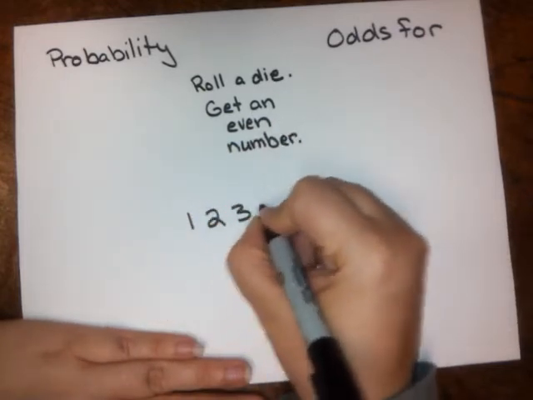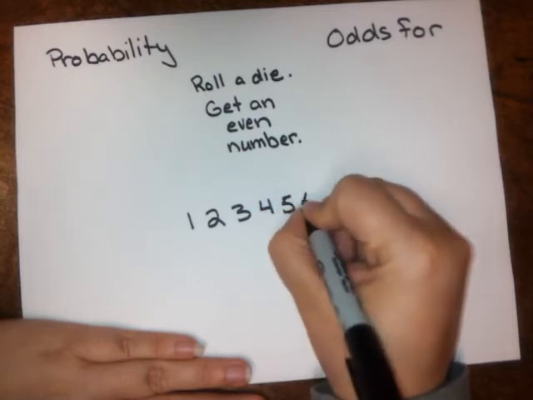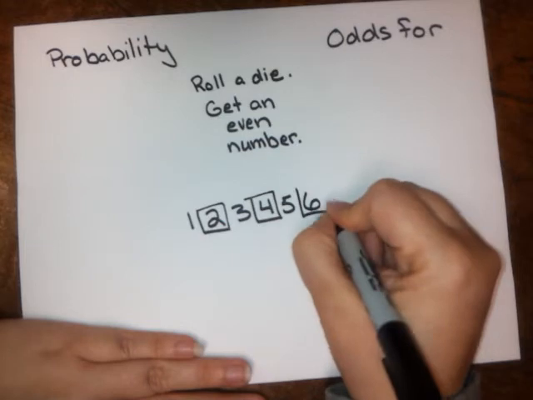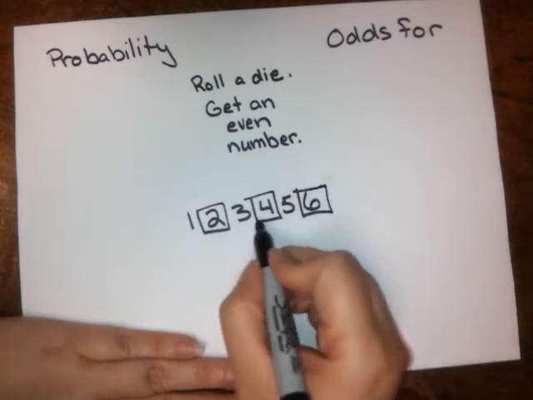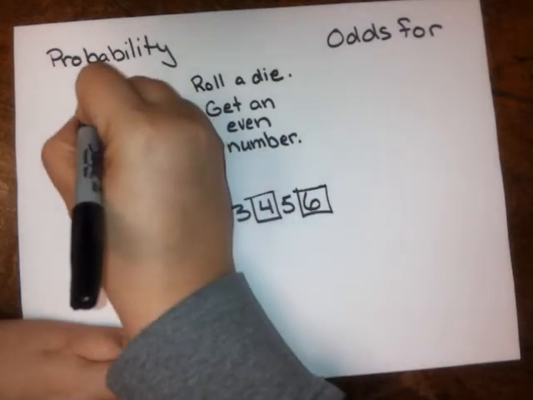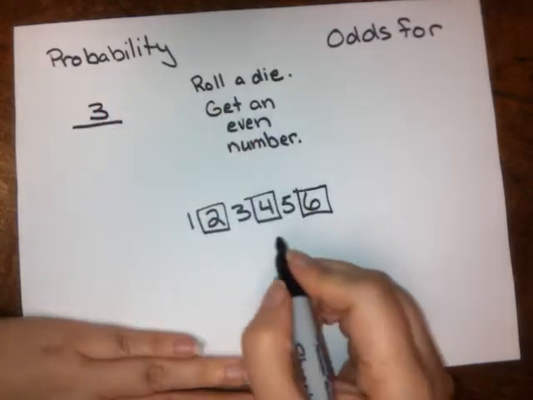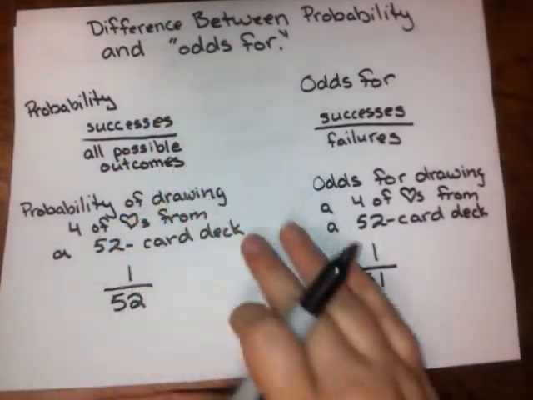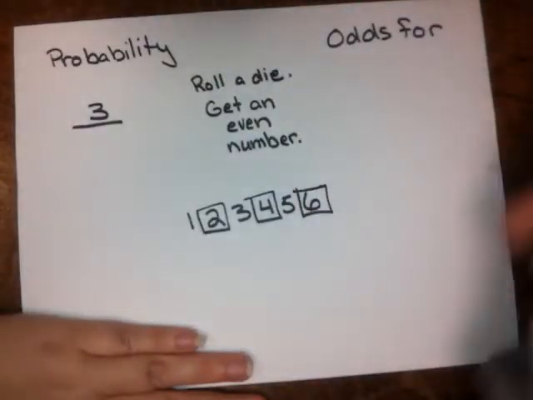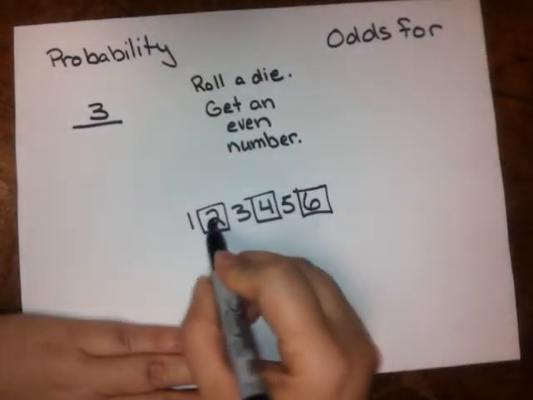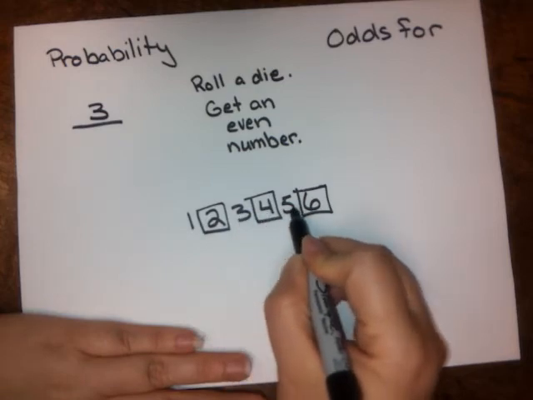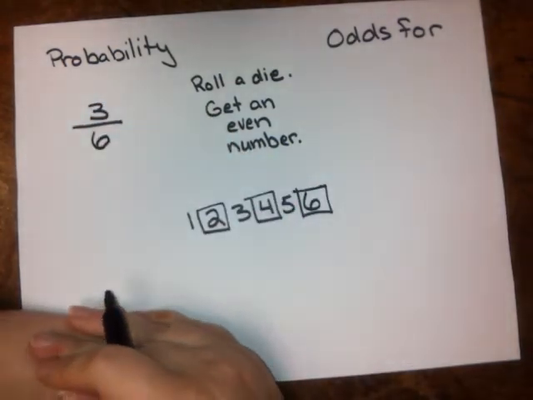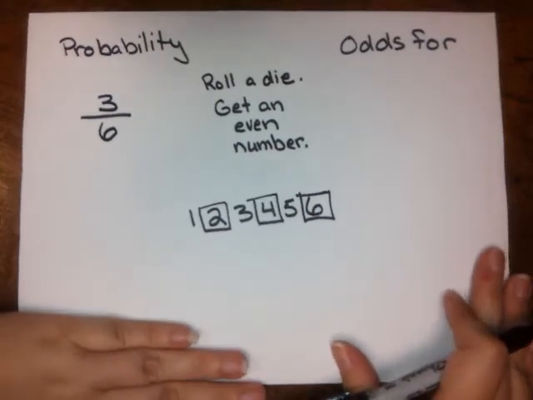We have 1, 2, 3, 4, 5, 6. 2, 4, and 6 are even. So there are 3 successes out of all possible outcomes. Remember, probability is successes over all possible outcomes. We could roll any one of these, so we have 6 possible outcomes. Our probability is 3 over 6.